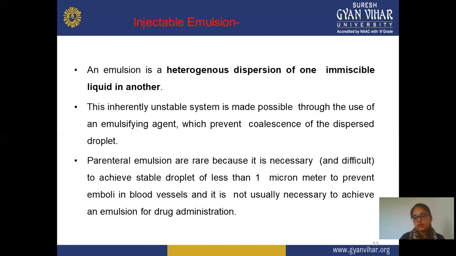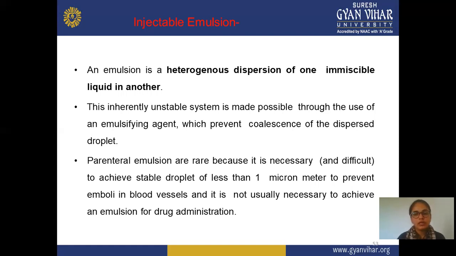Next is injectable emulsion, after suspension, a small volume parenteral. An emulsion is a heterogeneous dispersion of one immiscible liquid in another. You know that this is a two-phase system, oil in water. It is a heterogeneous, unstable system, made possible through the use of an emulsifying agent which prevents the coalescence of the dispersed droplets.